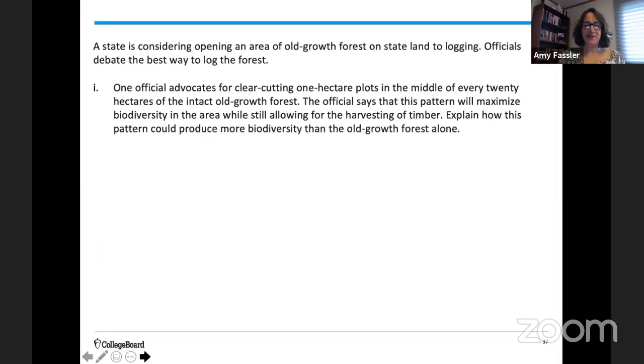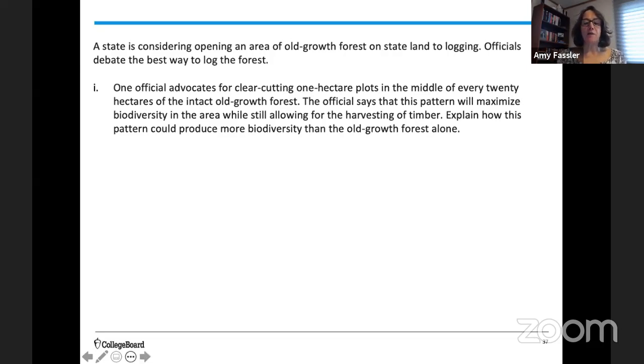So let's do another quick check for understanding on that by looking at a logging question. A state is considering opening an area of old growth forest on state land to logging. Officials debate the best way to log the forest. One official advocates for clear cutting 1 hectare, that's a small plot, in the middle of every 20 hectares of an intact old growth forest. The official says this pattern will maximize biodiversity while still allowing the harvesting of timber.